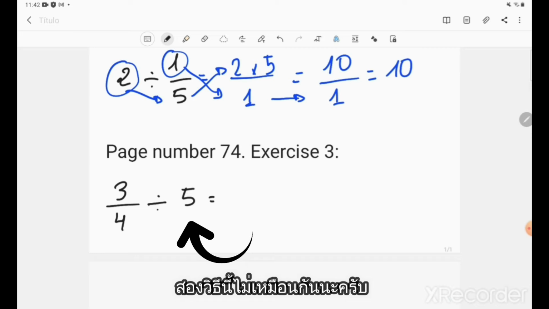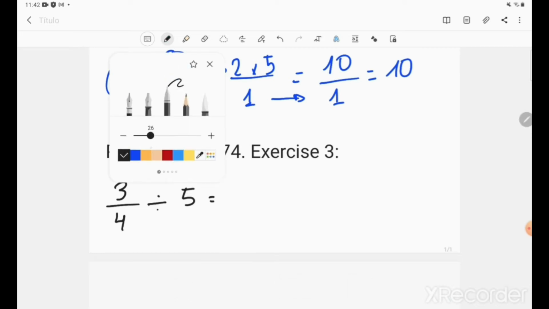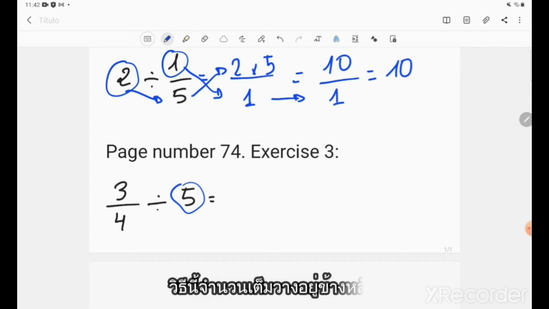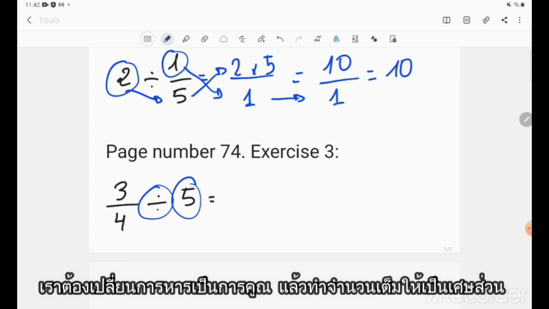In this case, what should we do? So we need to write first the reciprocal fraction of 5. Okay, reciprocal fraction of 5, that is 1/5. And we change the division into multiplication. These are the two changes we have to do.